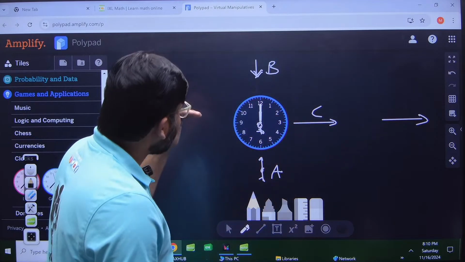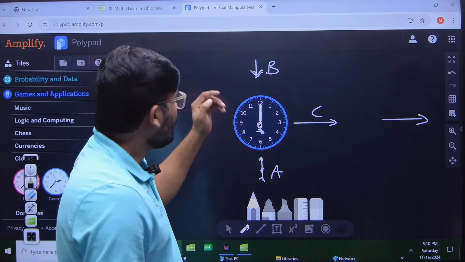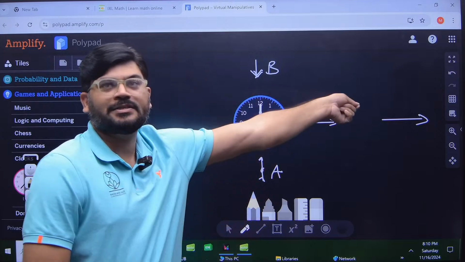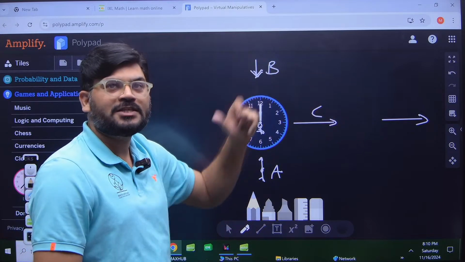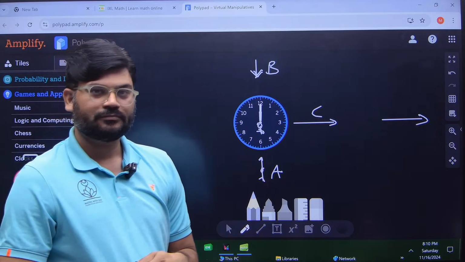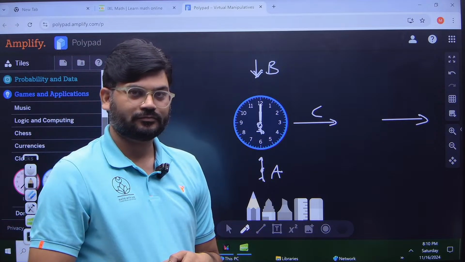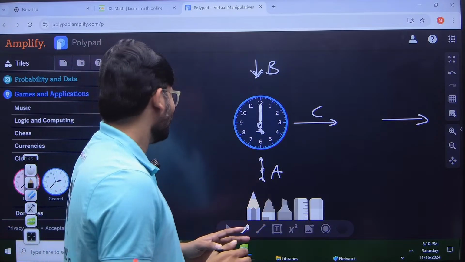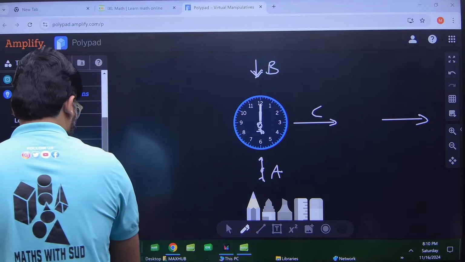If from B's perspective, what will be the clock code? Tell me.